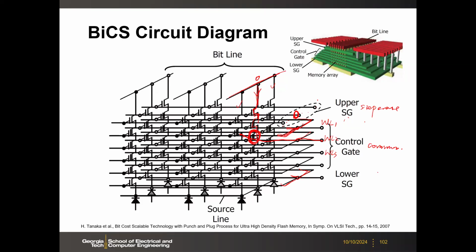So any questions here? At the lower string select, if we are using upper string select to distinguish strings. No. So it's not for the selection of the location. You have to recall in the 2D NAND flash, we also have the bottom string select. That is to float the entire string, right?